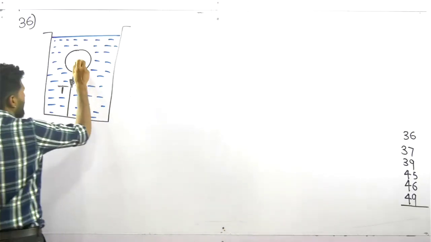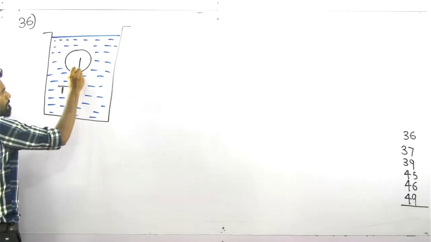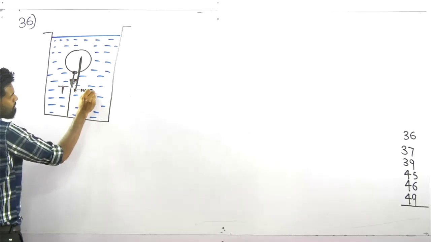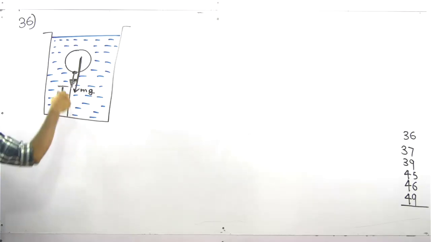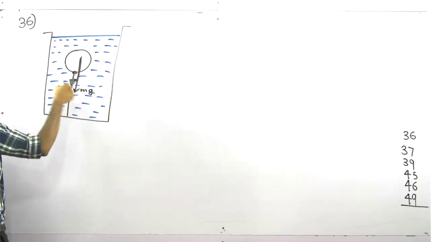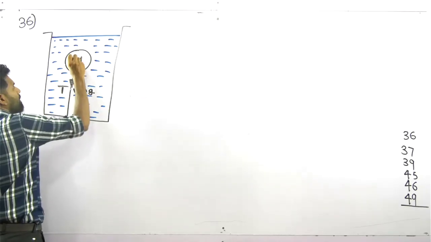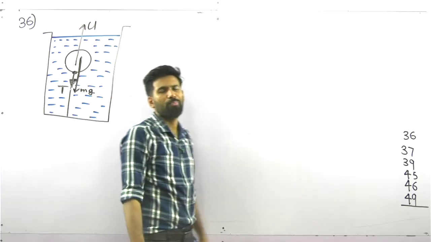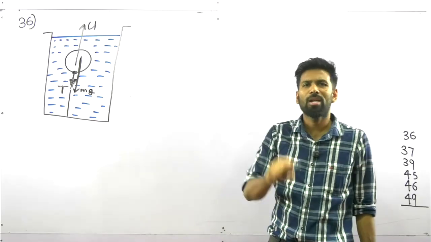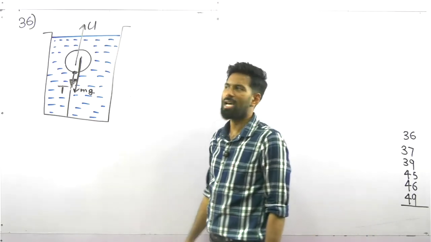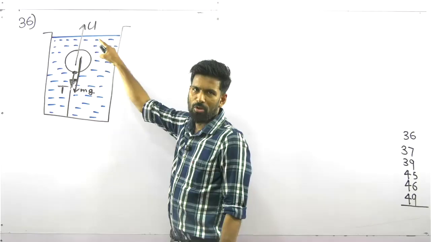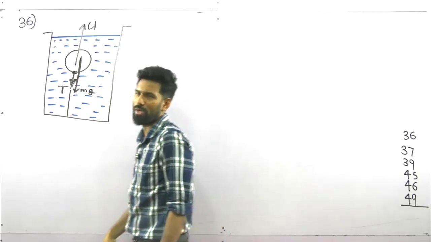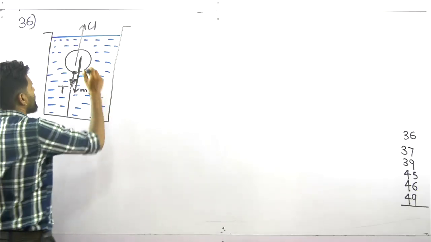And normally it has the weight also, mg. The tension and the weight are both present. And now you know when an object is inside the liquid, it has the upthrust. You have the upthrust, the tension force downward, and mg downward. Now it's in equilibrium.